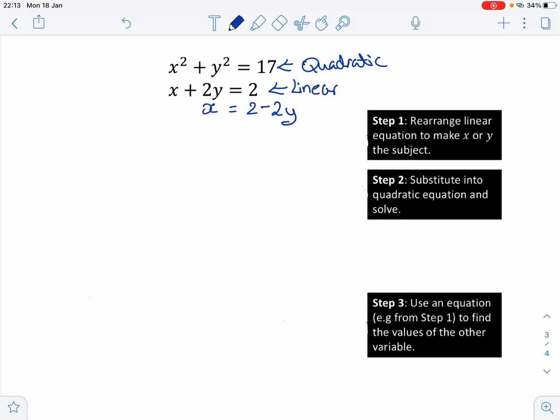Then step 2, I'm going to substitute into the quadratic equation. I'm going to substitute the x here. So my x is the same as (2 minus 2y) squared plus y squared equals 17. Just expand your bracket and solve.